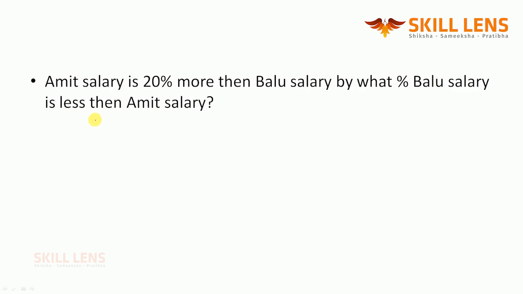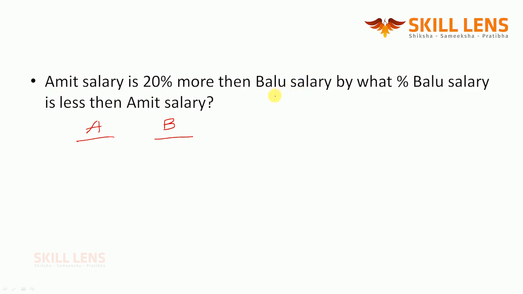So there are two persons, Amit and Balu. A lot of beginners will get confused and end up with the answer 20%. So my sincere suggestion is this. Amit's salary is 20% more than Balu's salary.